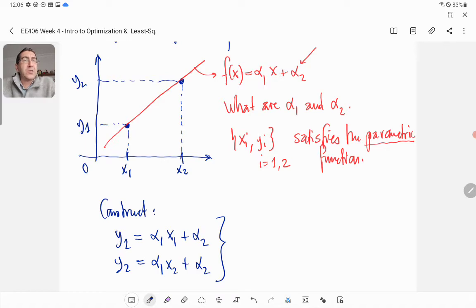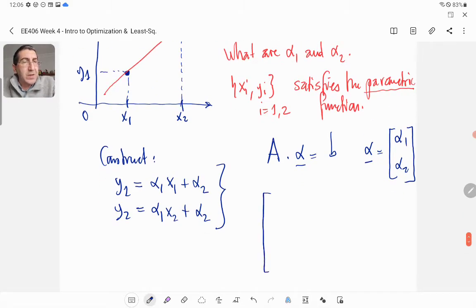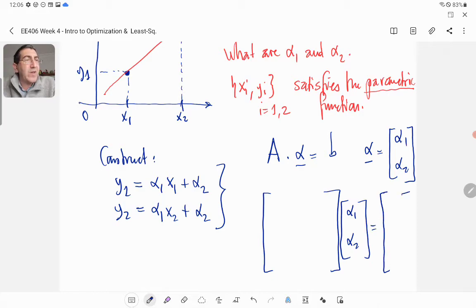If I put this in vector matrix form, I want to put this into A times alpha is equal to B form. Here alpha is just our two unknowns, alpha 1 and alpha 2. So let's construct this matrix. We have alpha 1 and alpha 2 as our unknowns, and we have to have a B vector here. Take a look at the equations.